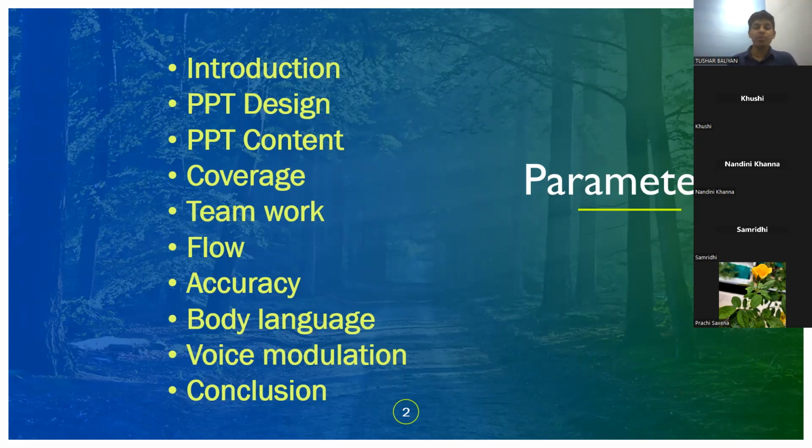And one thing in PPT design is that initially when we are new to all this, we think that every slide I'm going to make in a different way. I'm going to put something here, and I'm going to make it very, very colorful.